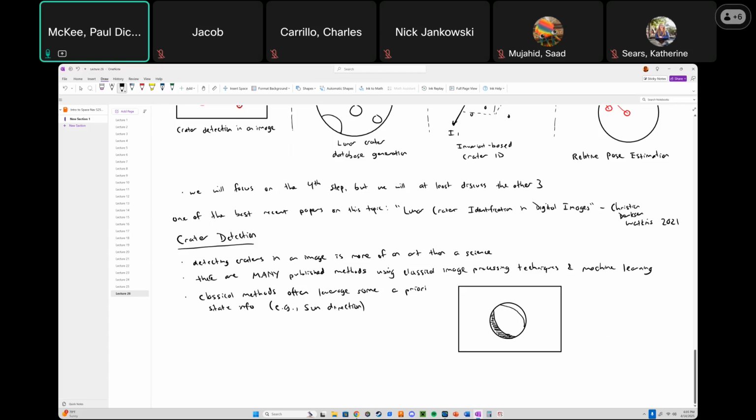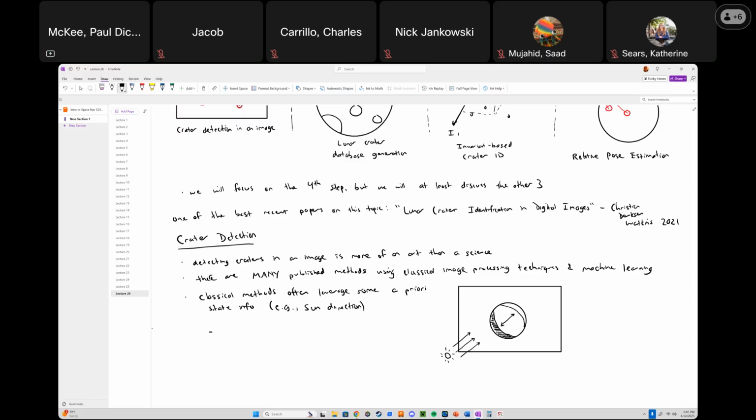And this direction is the illumination direction. So here's the incoming sunlight. And you'll see that this dark crescent and this bright crescent are along that sun line-of-sight direction from each other. They correspond to one another.